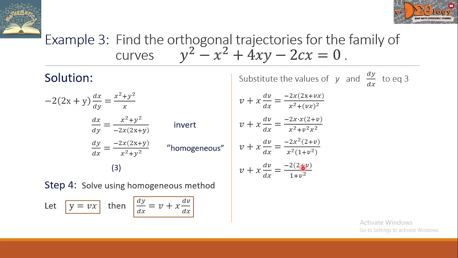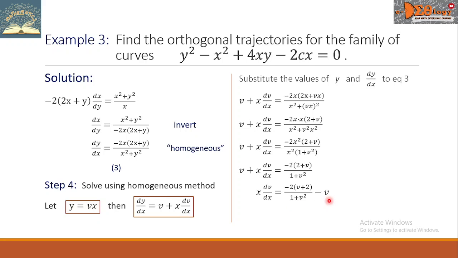Negative 2 times the quantity 2 plus v all over 1 plus v squared. Next thing to do is the v on the left side we will transpose to the right. So it becomes negative v. Let us combine this fraction with the negative v.